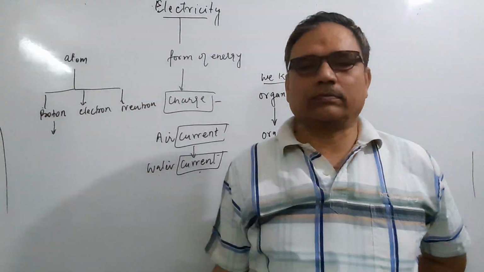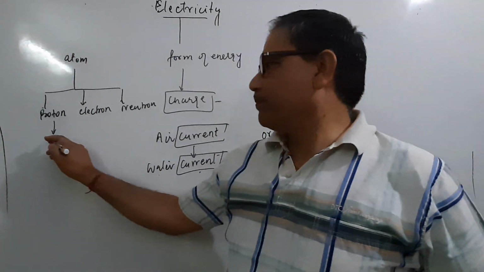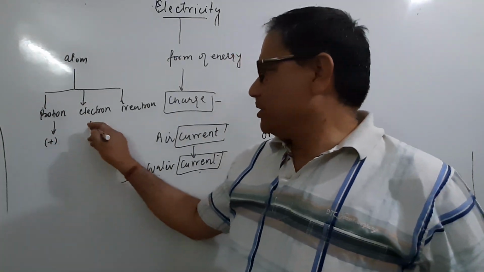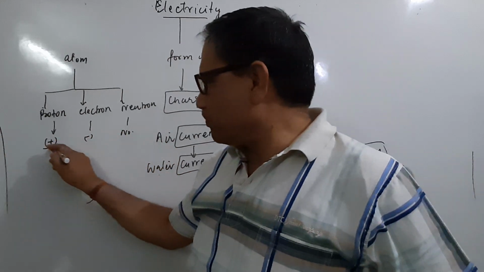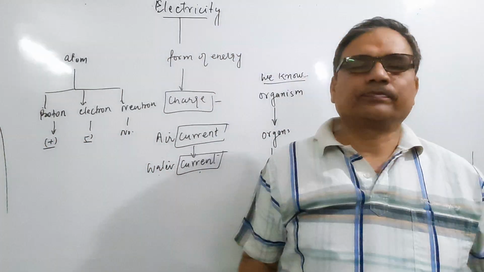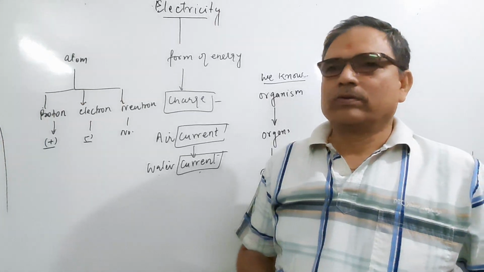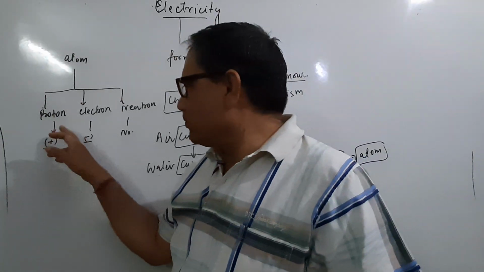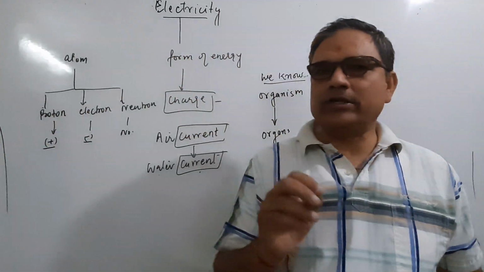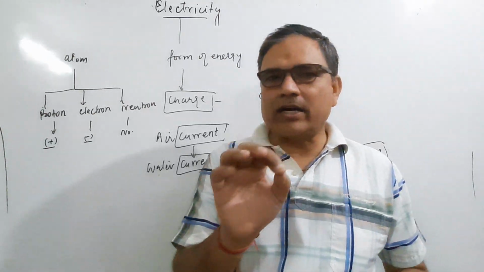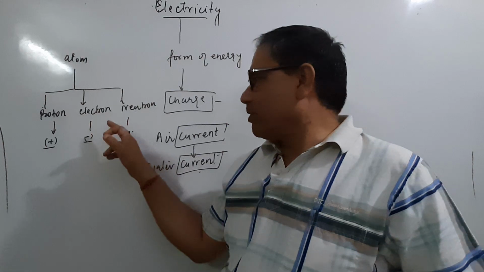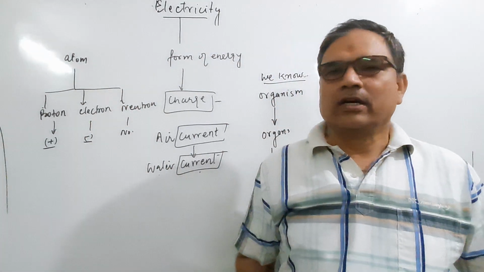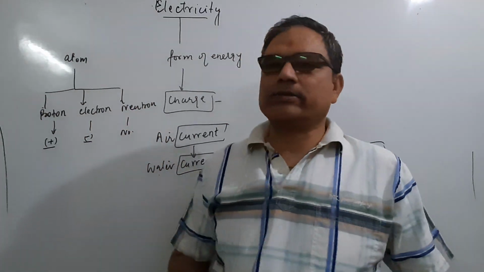Proton is generally a positive charge, electron is a negative charge, and neutron has no charge. These plus and minus are the charges: proton represents the positive charge, electron represents the negative charge, and neutron has no charge.